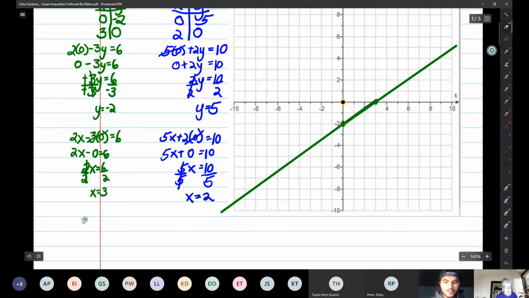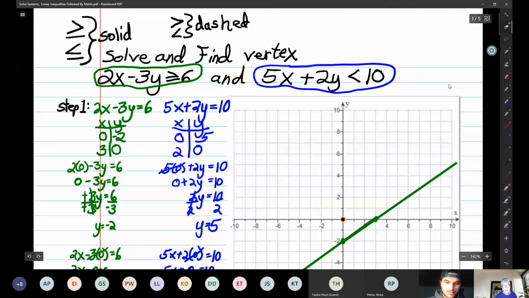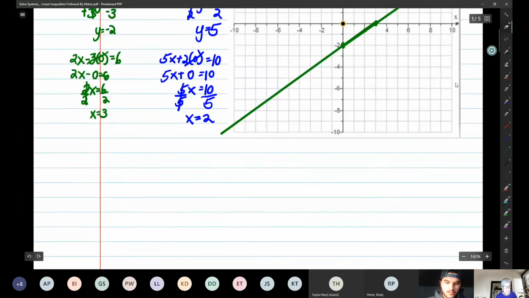And now this is what makes graphing an inequality different from just graphing a line. You have to decide which side to shade on. So you're going to choose a test point. That would be step 2.